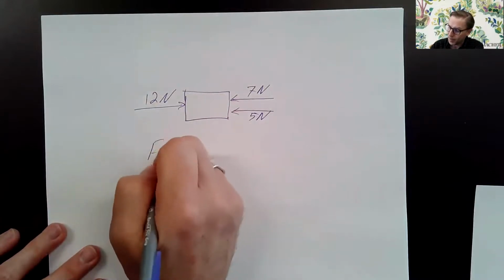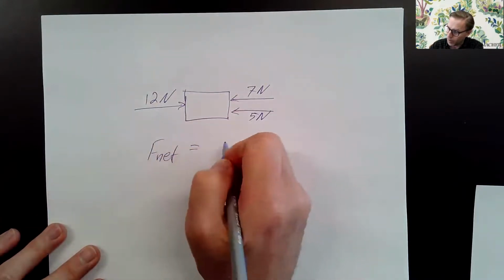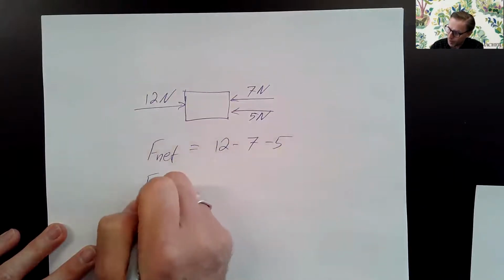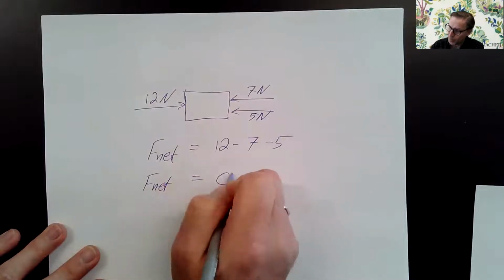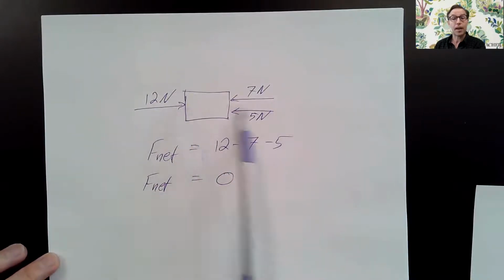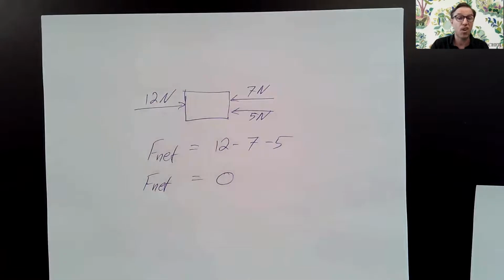F net equals 12 minus 7 minus 5. F net equals 0. This happens a lot when there is an object that is being pushed by things, but those forces all add up to 0. That happens a lot.